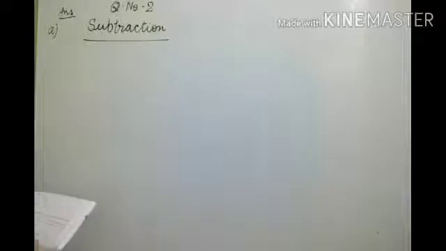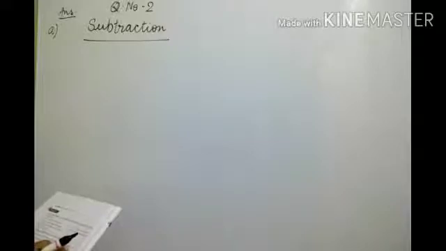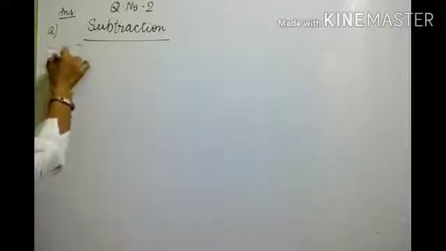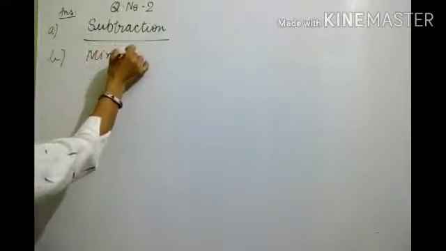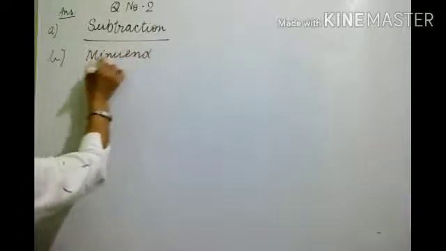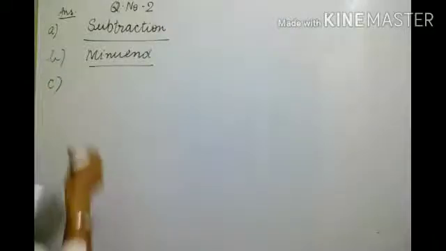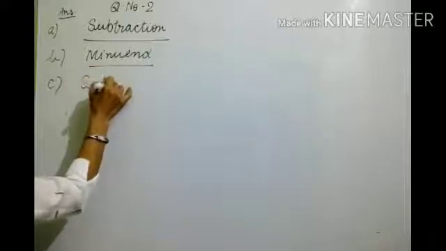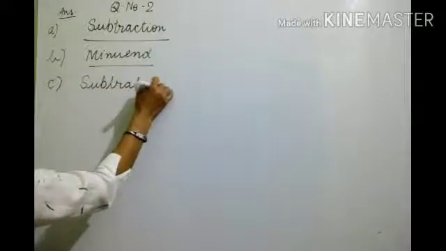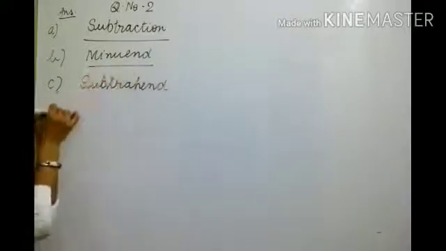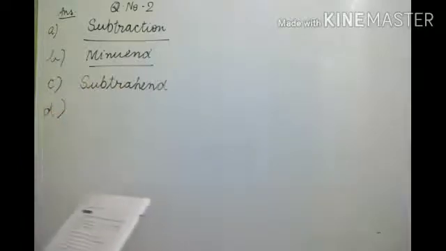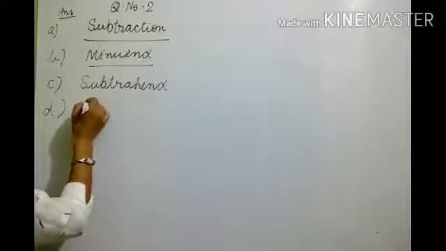The B part. The number from which the other number is subtracted is called minuend. That is your fill in the blanks question. Now C part. The number which is subtracted is called subtrahend. D part. If we subtract 0 from any number, the difference is the number itself.